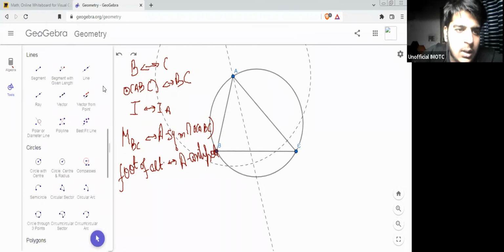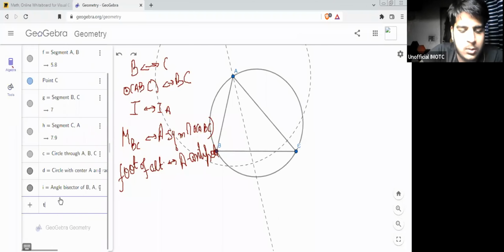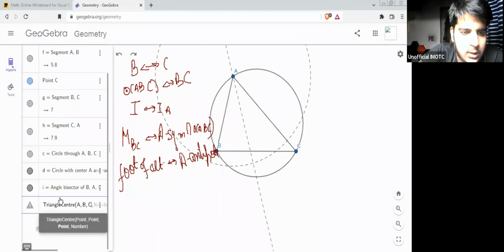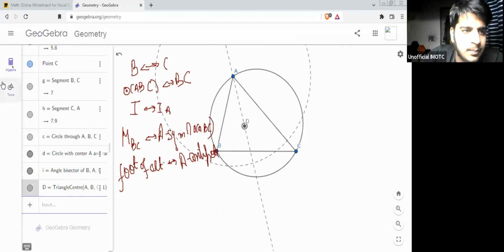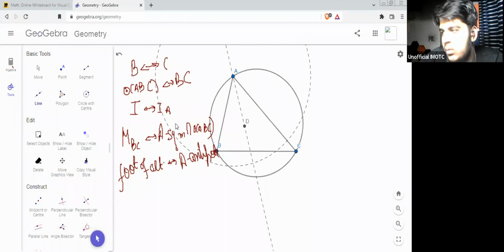Do I need to draw the X circle now? Let's do it the other way. Okay, I'll just give a qualitative proof.